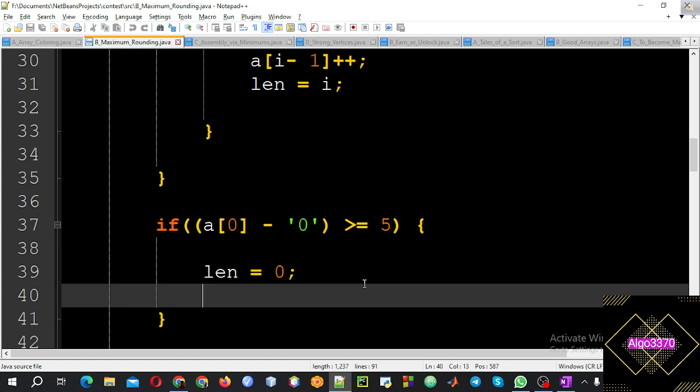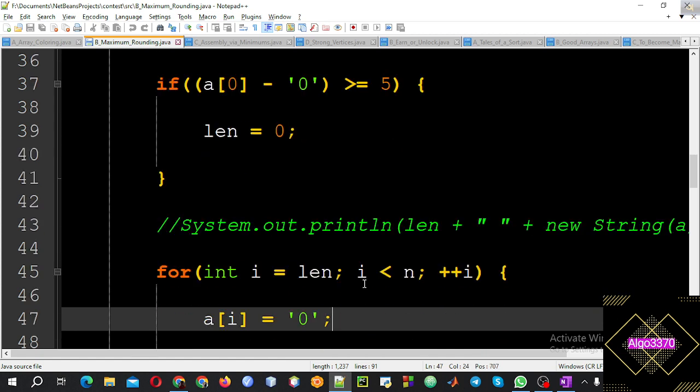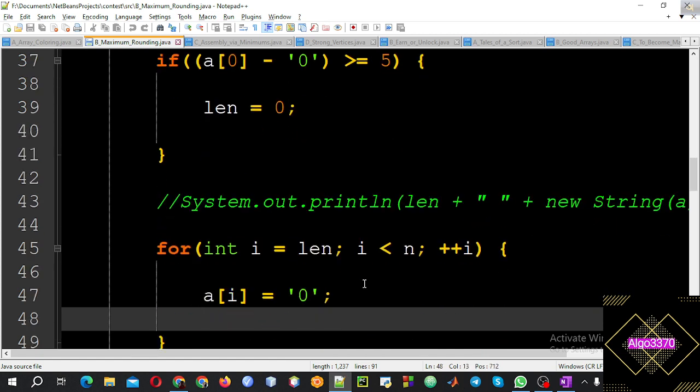If this happens, then our len will be 0. That means our whole string became 0 and we add 1 at the leftmost position. Then set all the elements from len to n, or k plus 1 to n, as 0.